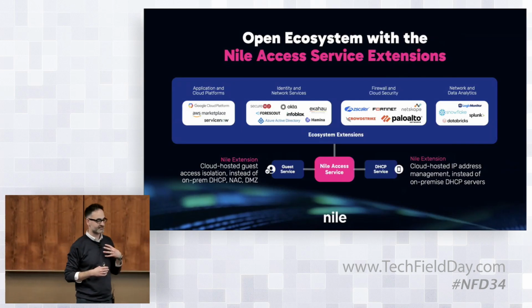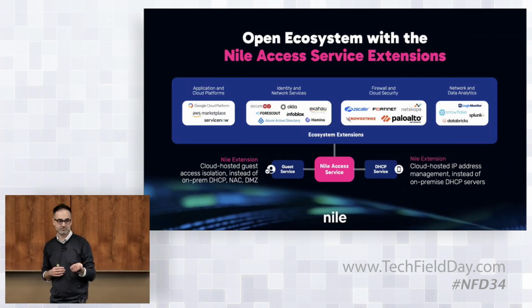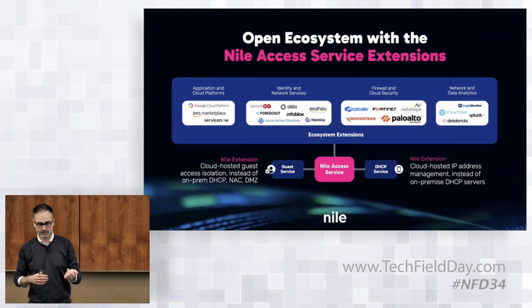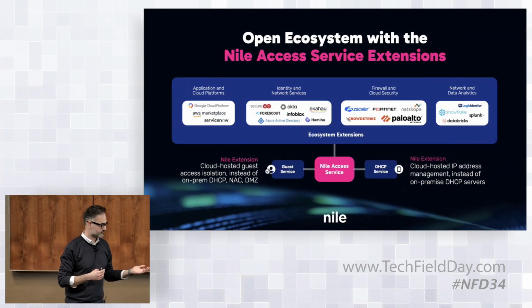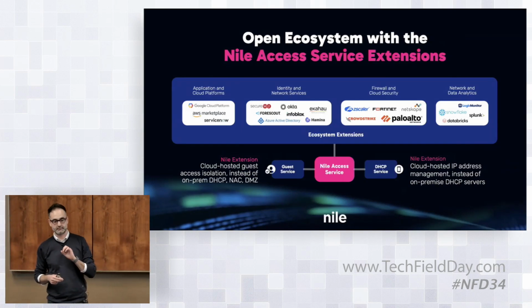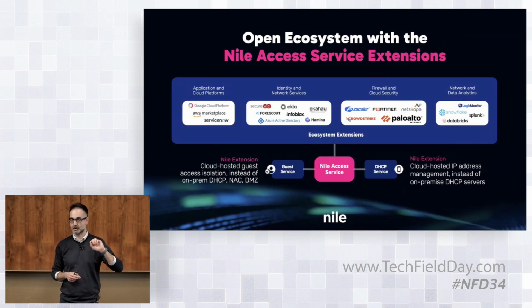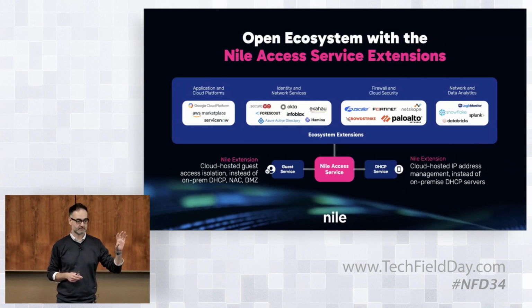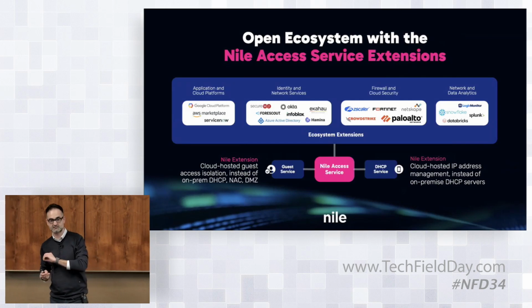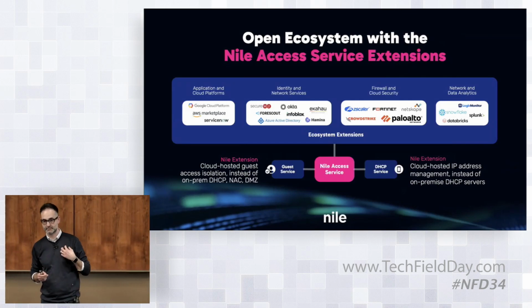In order to test this theory, we built 2 extensions ourselves. One of them is guest service. As a guest user, if you're using Nile Access Service, you could click a button and say, our point of presence, Nile points of presence, host all guest traffic. From switches and APs, tunnel everything to our POP. The MCA policies, our responsibility.